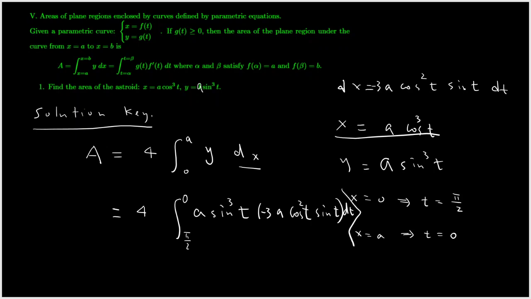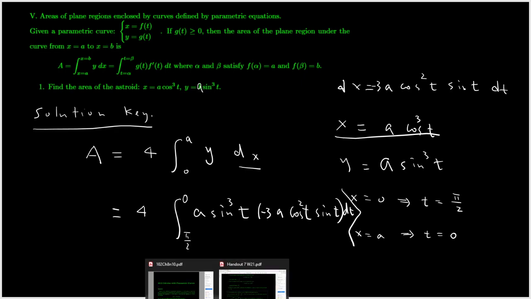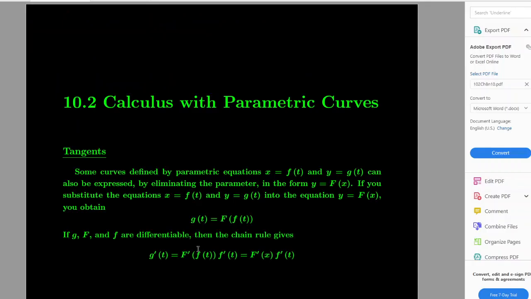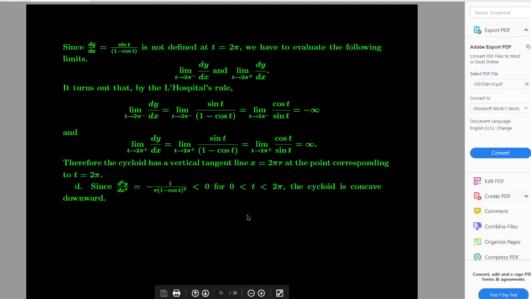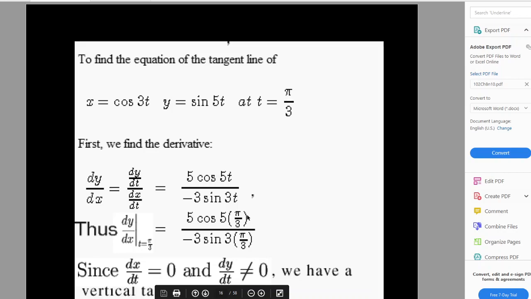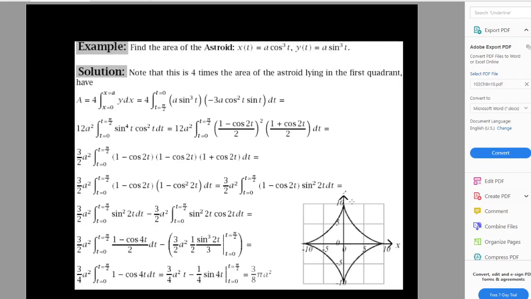Okay. Surprisingly, the integral is not too hard to evaluate. It's hard, but it's not super hard. I will show you what's going on from the notes. In the notes, I have the detailed calculation of the area in here. I showed you that screen actually.